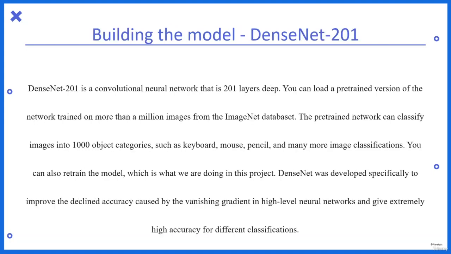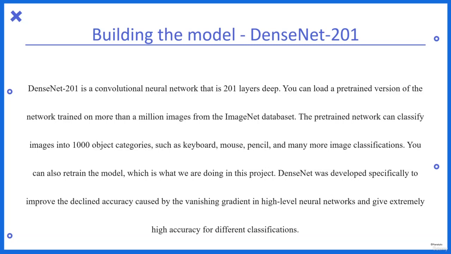Now, coming to DenseNet, which is the model. DenseNet 201 is a convolutional neural network that is 201 layers deep. You can load a pre-trained version, or you can train the network again using your own data set. Now, the pre-trained version of the network is trained on more than a million images from the ImageNet database.